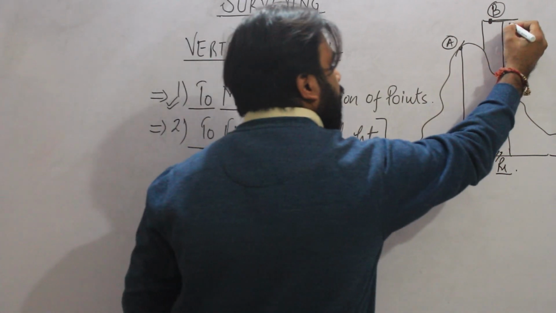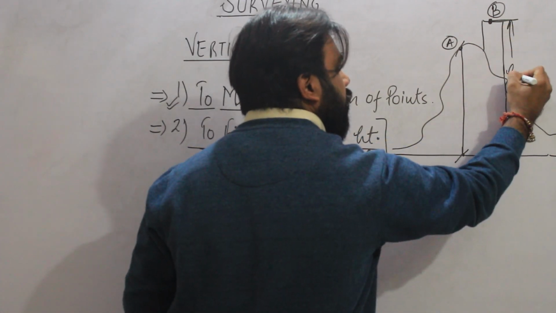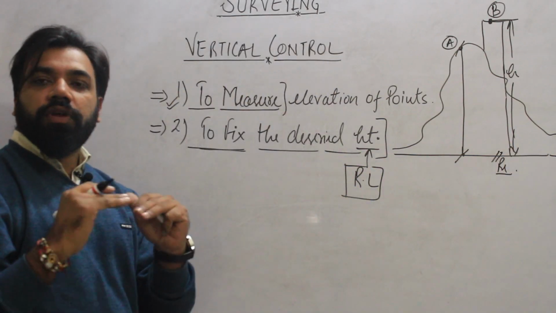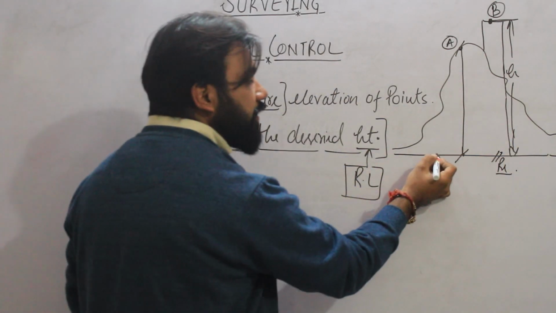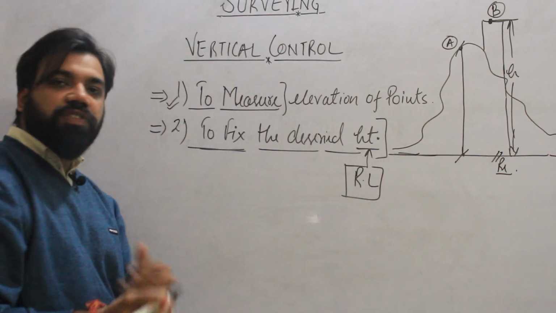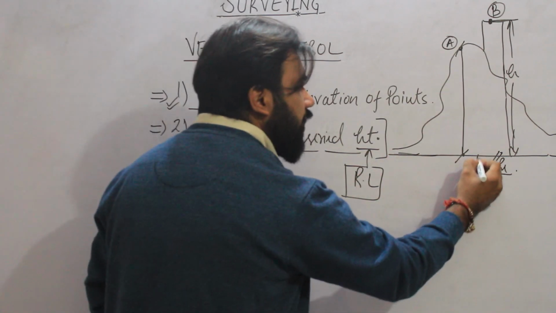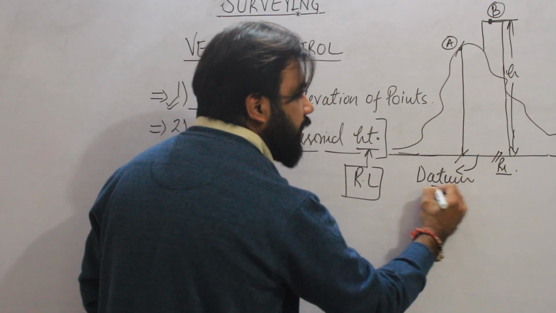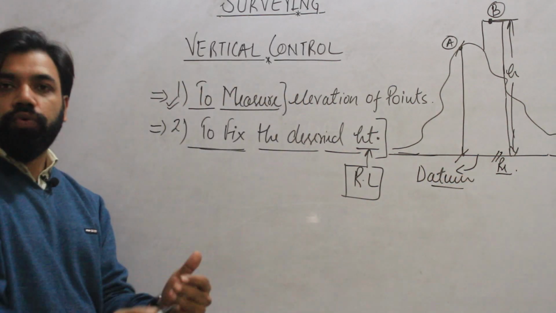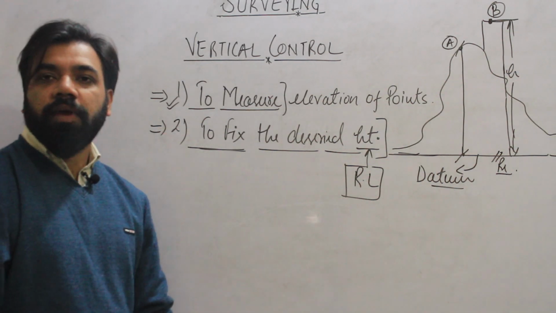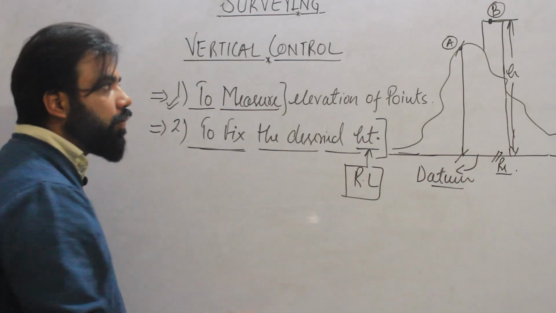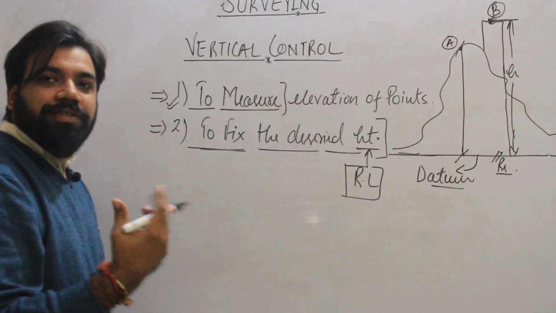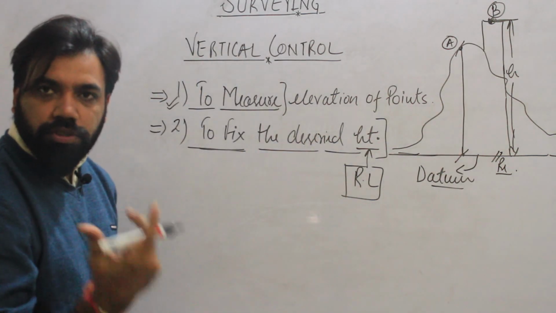It can be any height. Suppose the height of the building is h, from the reference. So this line is taken as reference. In civil engineering, this reference is known as datum. We will see in the next point what is datum and what is reference. So fixing the height of a point is done by vertical control.